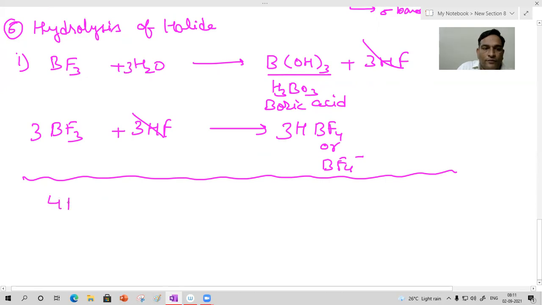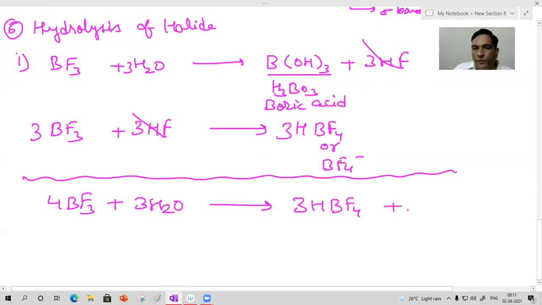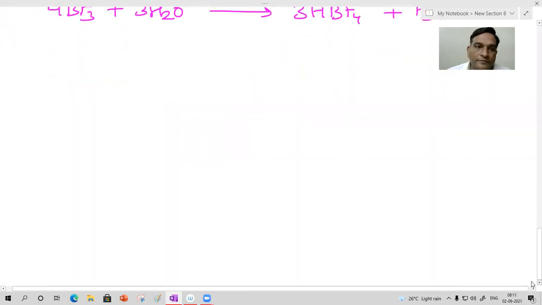Now 4BF3 reacts with 3 moles of water and gives 3HBF4 plus boric acid H3BO3. It's a partial hydrolysis of BF3.